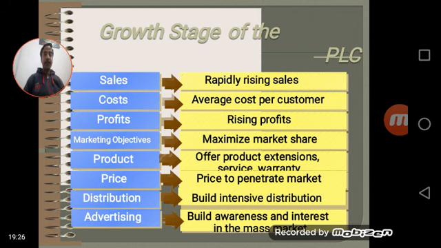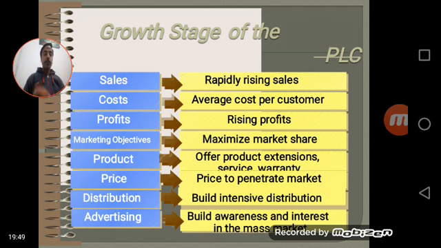Now price. First, in introduction stage, the price was cost plus the profit. Clear? That is the pricing policy in the introduction stage. Now in growth stage, the pricing policy will be to penetrate the market. What kind of pricing policy is this?